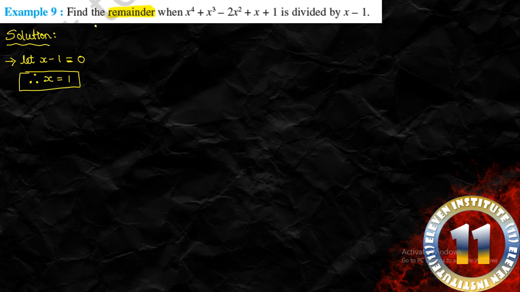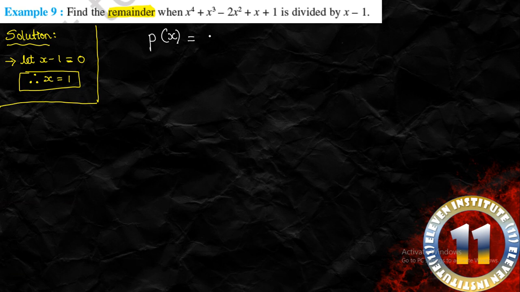So now you have the value of x. What you have to do is just put this value of x inside the polynomial. That's it. We need not do anything else. Just put x is equal to 1 in the polynomial. So for doing that, we will first write the polynomial over here. What is the polynomial given to us?